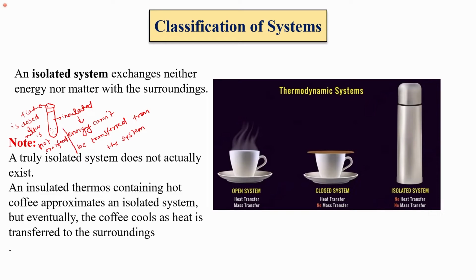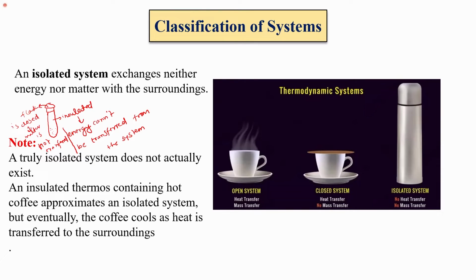Whatever your flask contains, let's say hot coffee, neither matter is getting exchanged with the surrounding, nor the energy. Your coffee will stay hot, but in actuality a truly isolated system doesn't exist.